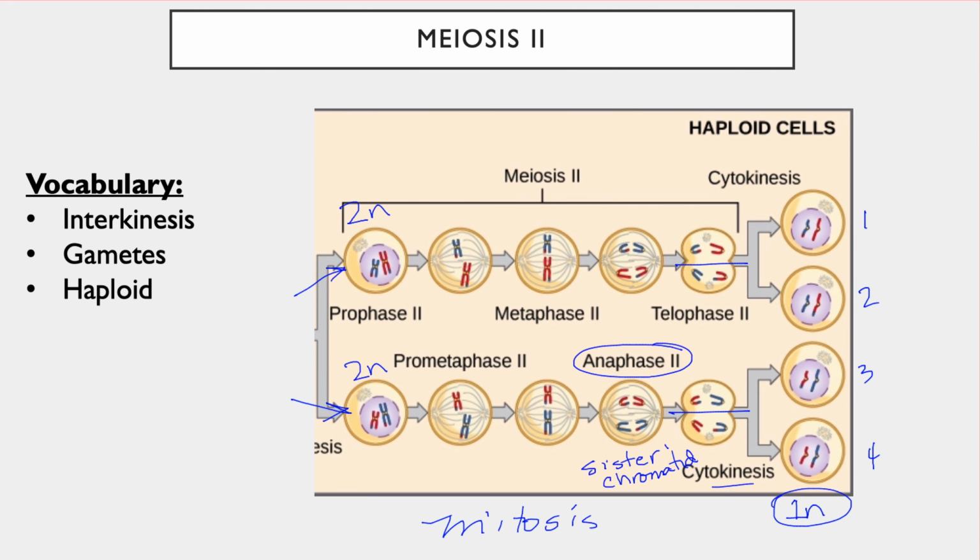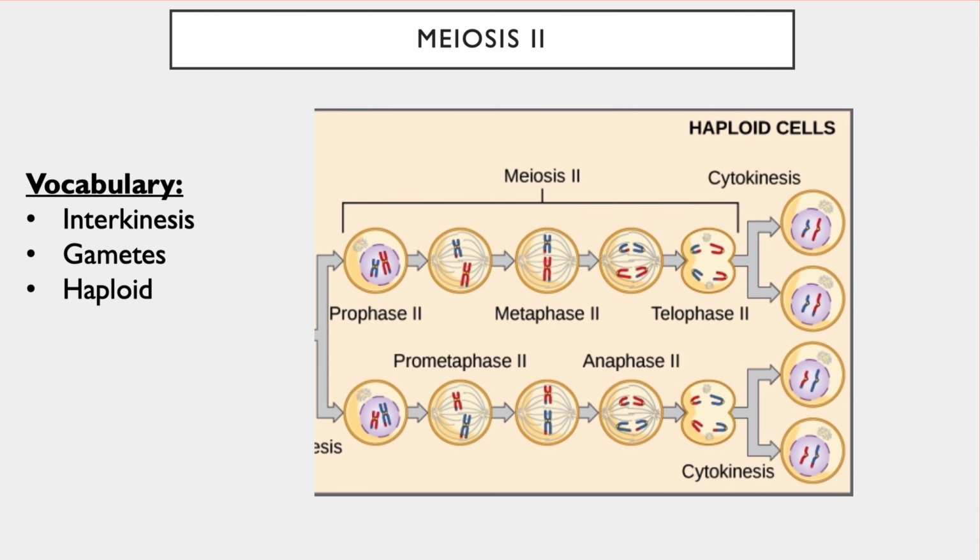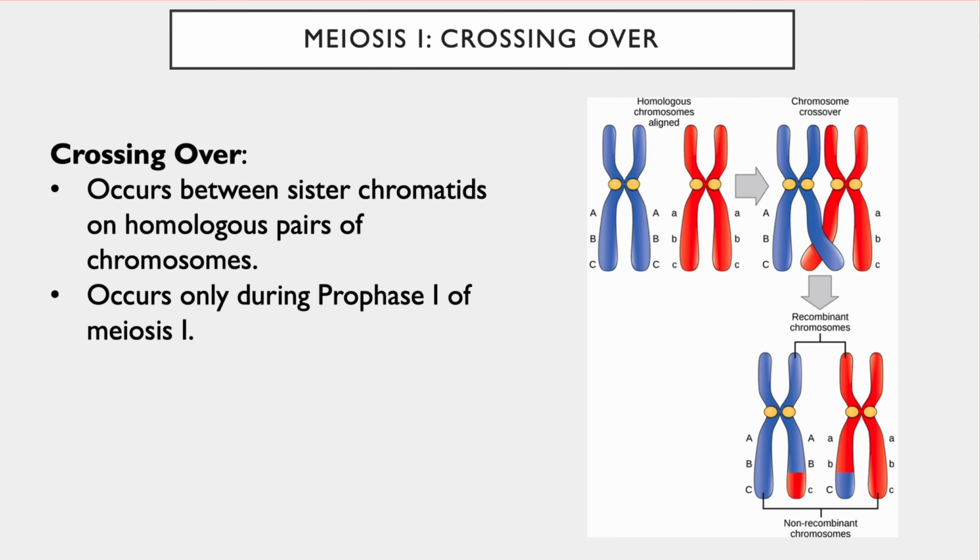So how does the crossing over process work? Crossing over occurs between 2 pairs of homologous chromosomes. So I call this a pair of homologous chromosomes, meaning that each one of these chromatids are all the same chromosome.